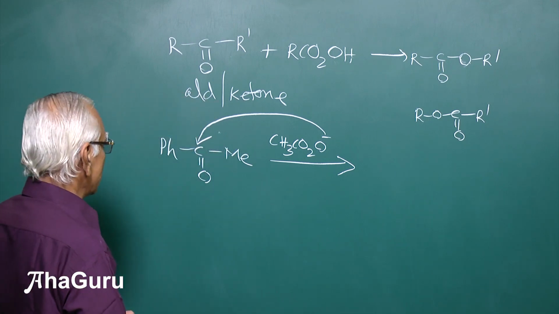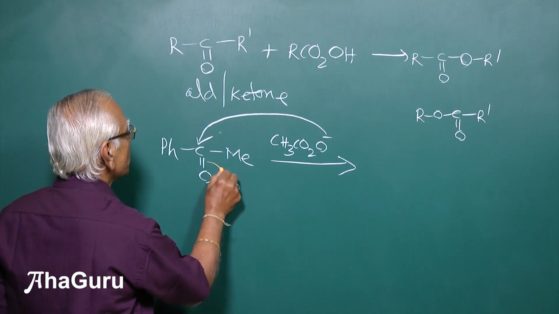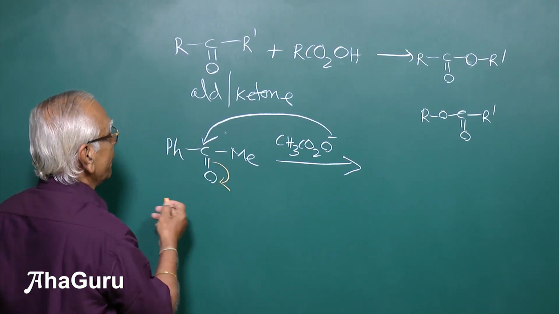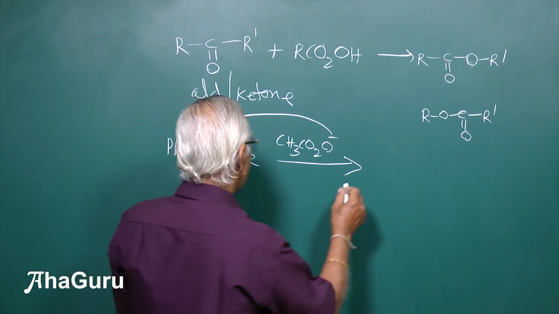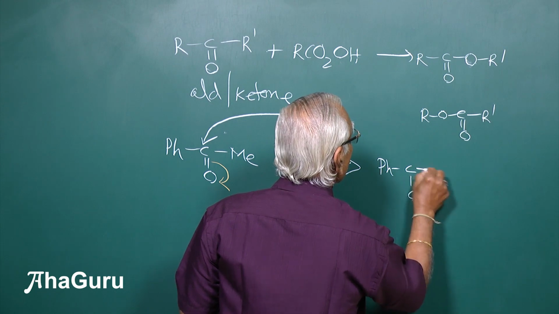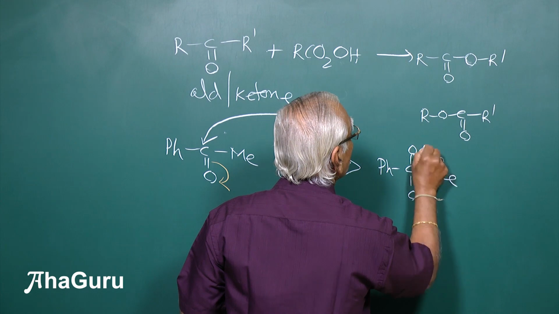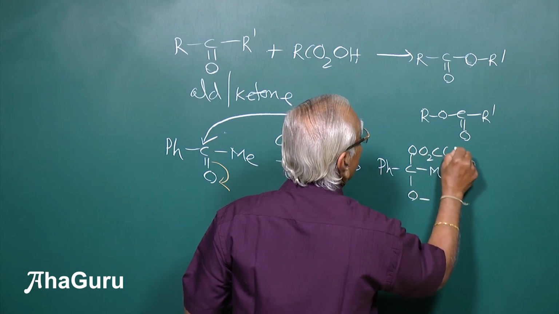What should happen here? The valency is disturbed, so naturally the oxygen is going to take away the pi electron. Look at the arrow mark. You have O minus, and this is Me here, and this is O2C CH3.